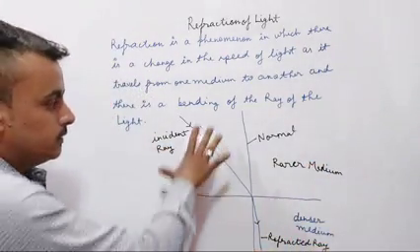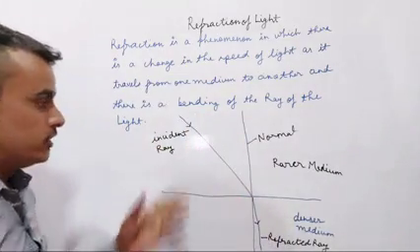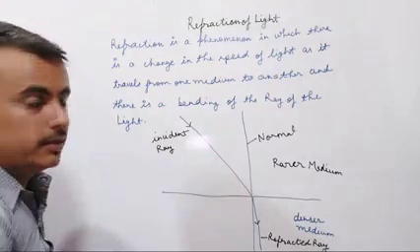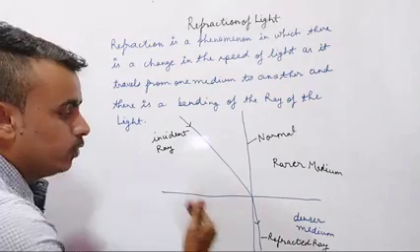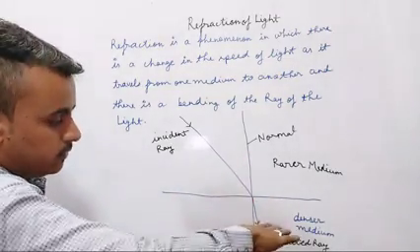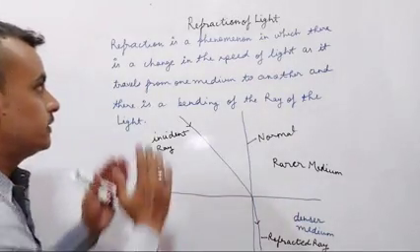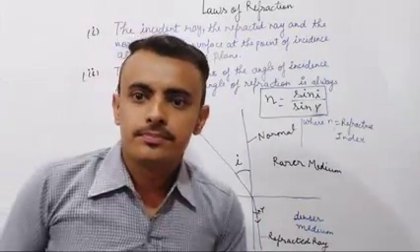When it travels from one medium to another, its speed changes and it bends towards the normal or goes away from the normal. That's all about the refraction of light.